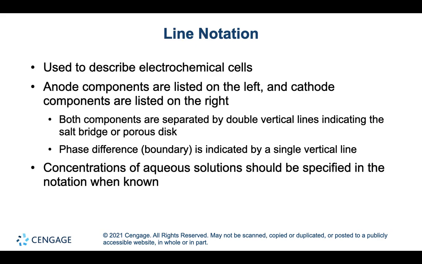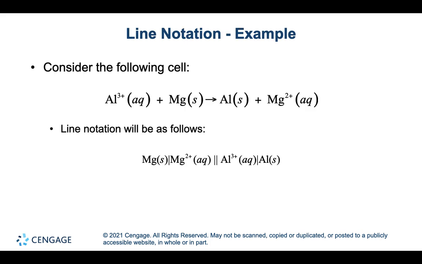on each side. You would write the concentration, like 1 molar, for the aqueous solution if it's standard, and that would be necessary to be correct with your line notation. So if we look at this reaction, magnesium is where oxidation is occurring, because magnesium solid to magnesium plus 2 is losing 2 electrons, I'd say magnesium solid, vertical line, phase change, solid to aqueous, magnesium plus 2 ion.